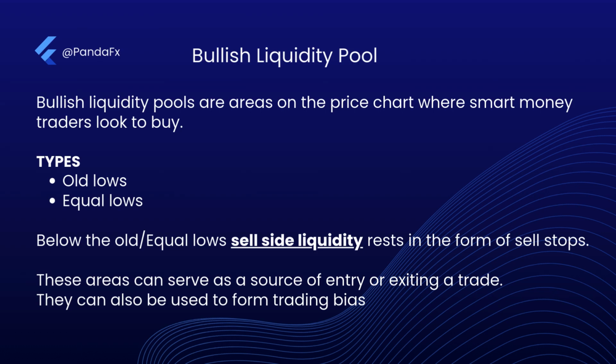So let's say traders took trades at that particular low, expecting the market to gravitate upwards. Their stop losses, their sell stops, will be below that low. Most traders do that.